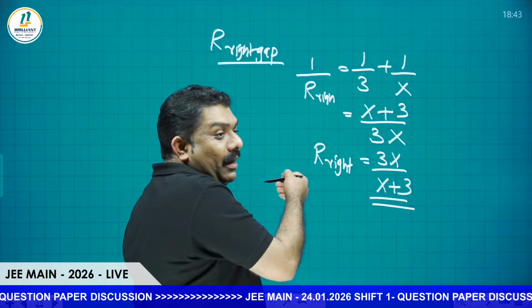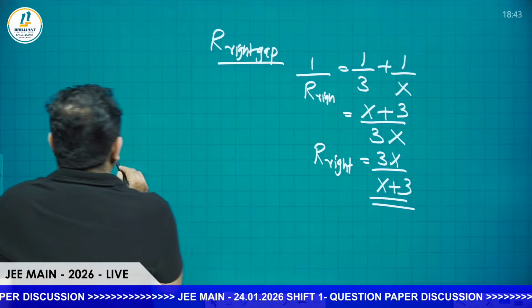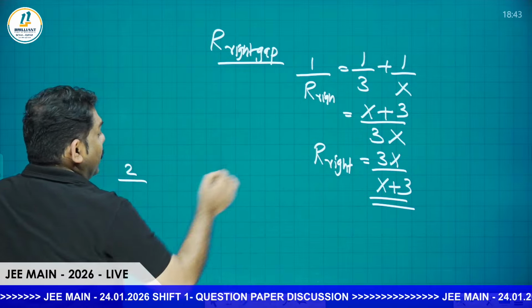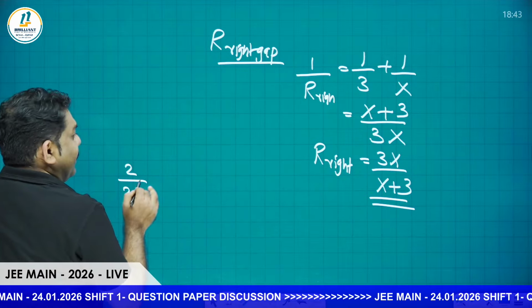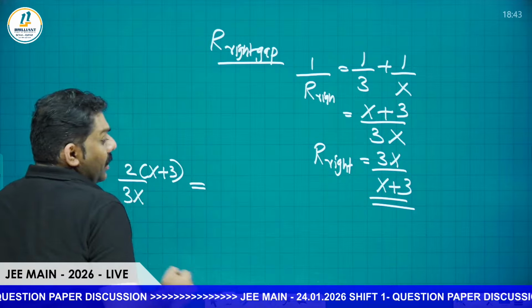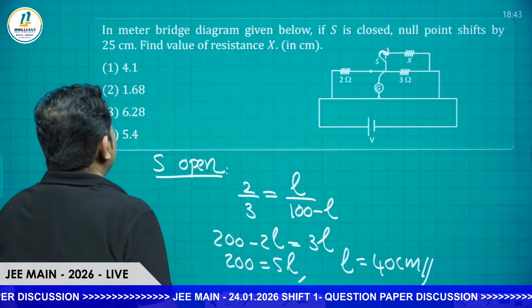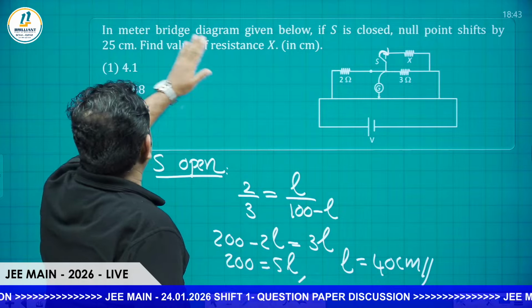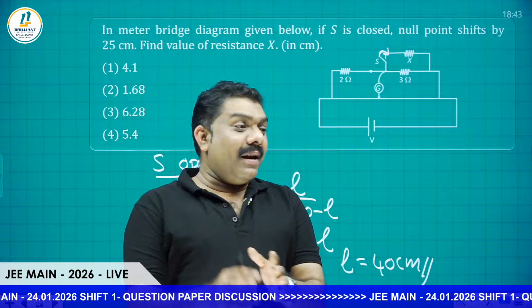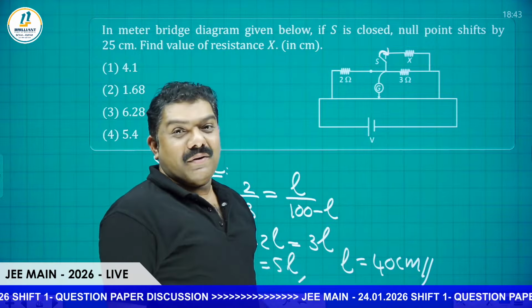Now we can apply this in our equation. So 2 by 3X by X plus 3 is equal to, now they said in the question that the balancing point is shifted by 25 centimeter. Originally the balancing length is 40.